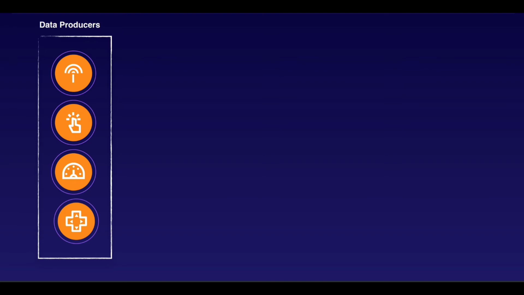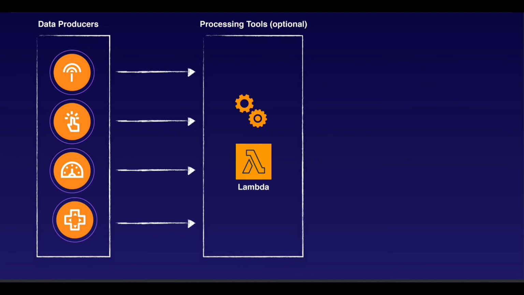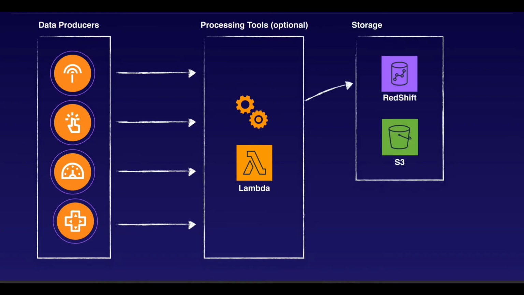Now, with Kinesis Data Firehose, we no longer have to worry about shards. And since we no longer have to worry about shards, we can pre-process the data using AWS Lambda, which acts like an ETL service right before we land our data on some data store.